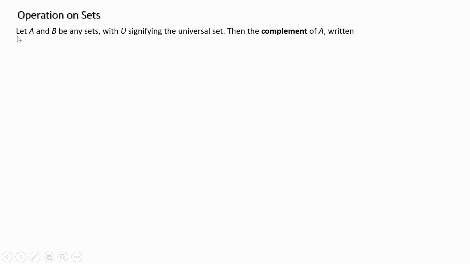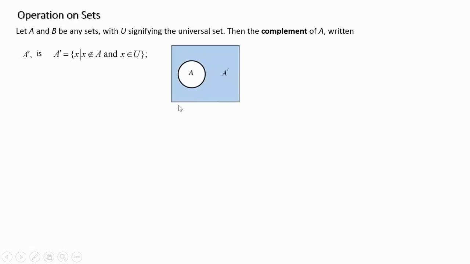Now comes operation on sets. Let A and B be any sets with U signifying the universal set. Then the complement of A is written as A complement or not A. Here's how you read it: the set of elements X such that X is not an element of A and X is an element of U. This is to recap what we just did.